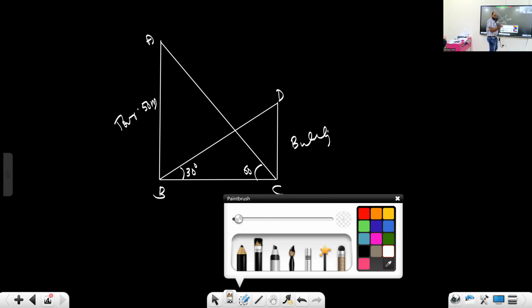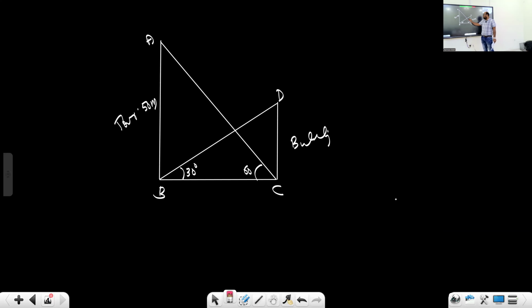Here actually, one minute. In this topic we can combine similarity of triangles and trigonometry. Can anyone tell how we can combine? Find this height.